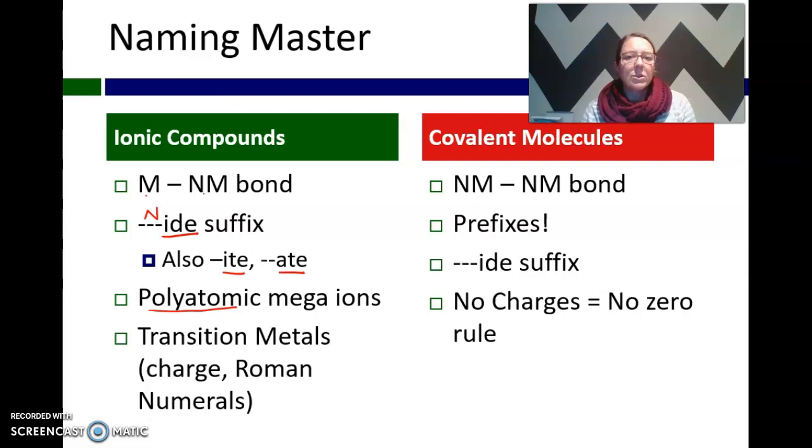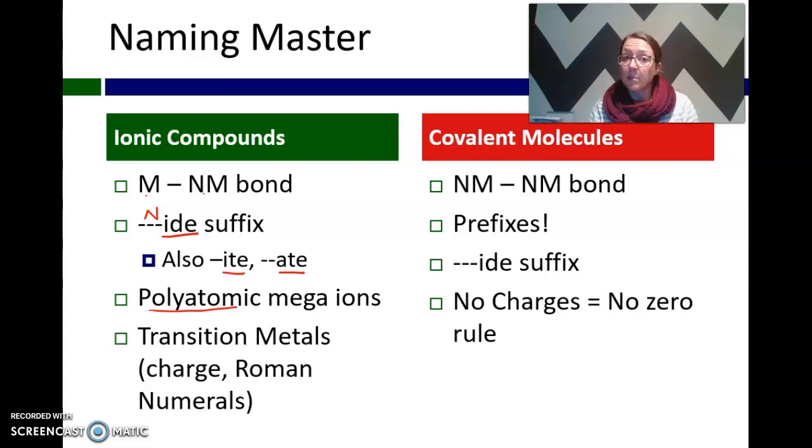So they can be a little bit tricky in that regard. And then you also have to remember if you're dealing with a transition metal, something like cobalt or chromium or iron, which can have multiple charges as an ion, you have to designate what Roman numeral, what ion you are working with for that particular compound.